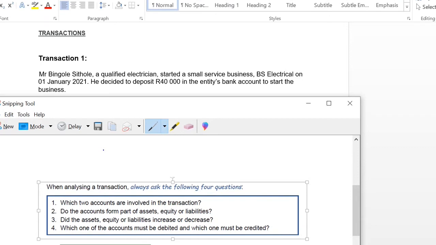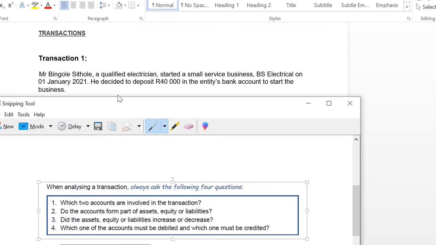Because you're looking at the bank statement, you need to record this in the subsidiary journal, which is the cash book receipt. When you record it, is this going to increase or decrease your bank account?